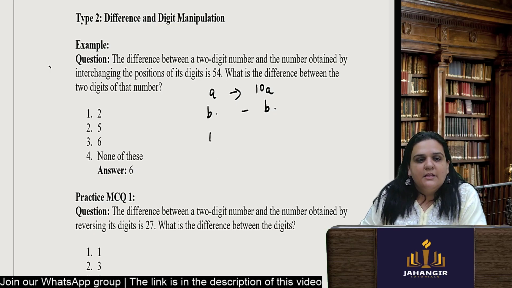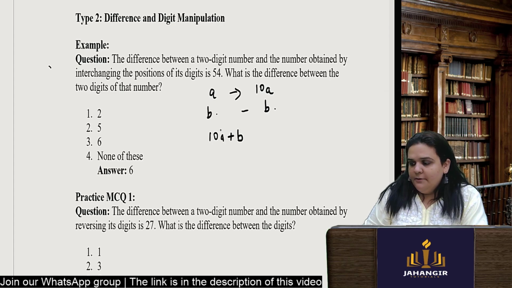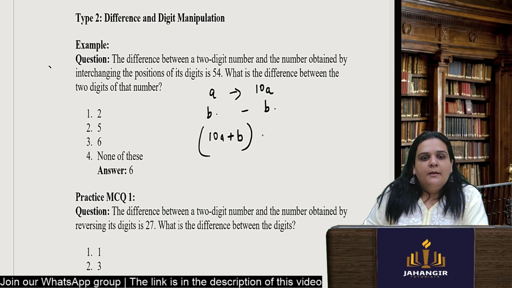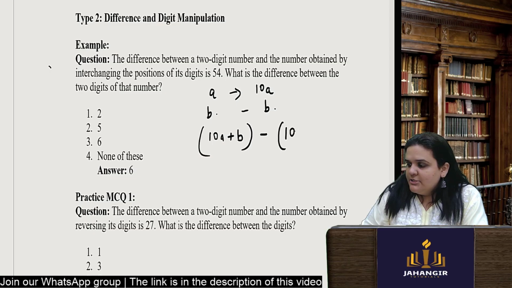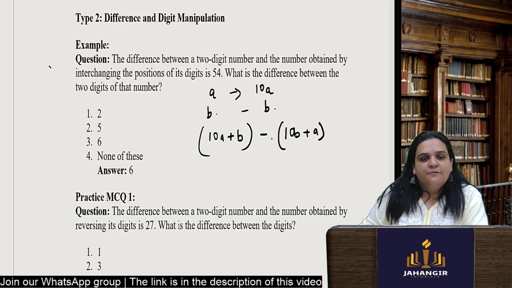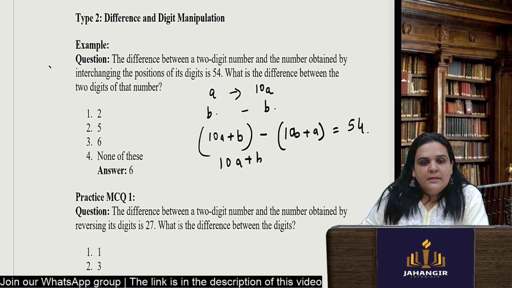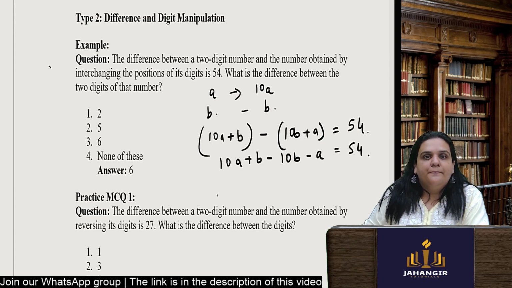So they are saying if there is this number, 2-digit number A and B, the difference by interchanging. So when I am interchanging, it is becoming 10B plus A. Okay, so there are these two numbers and the equation is like this. So I can say 10A plus B, I'll open the bracket, minus 10B plus A, will be equal to 54.